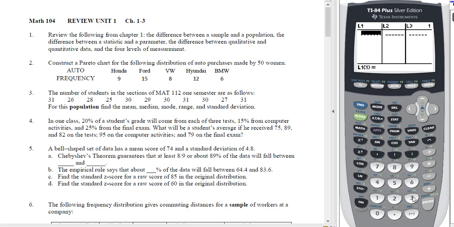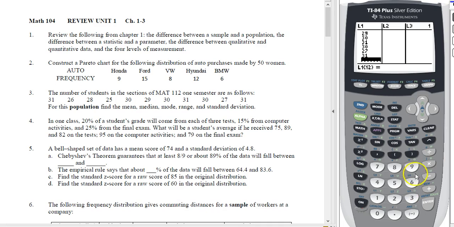You just type in the data, 31, enter, 26, enter, 28, enter, 25, enter, 30, enter, 29, enter, 30, enter, 31, enter, 30, enter, 27, enter, 31, enter.